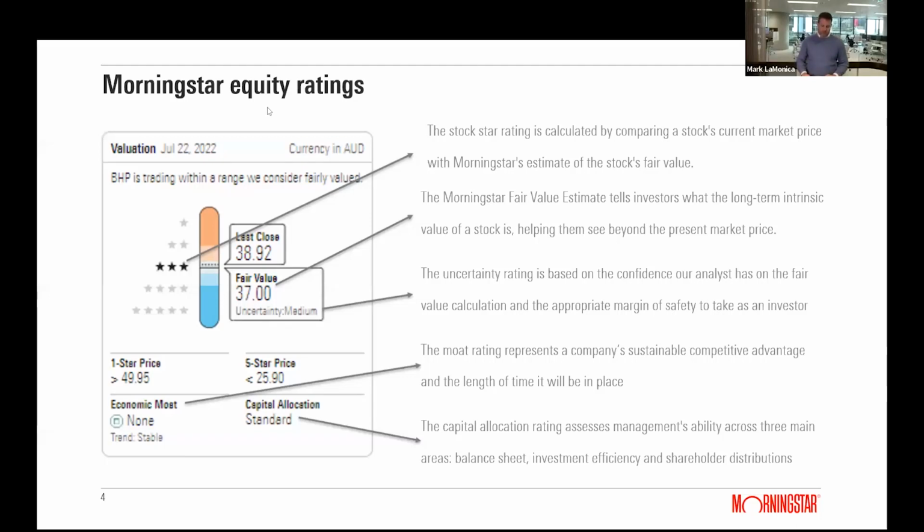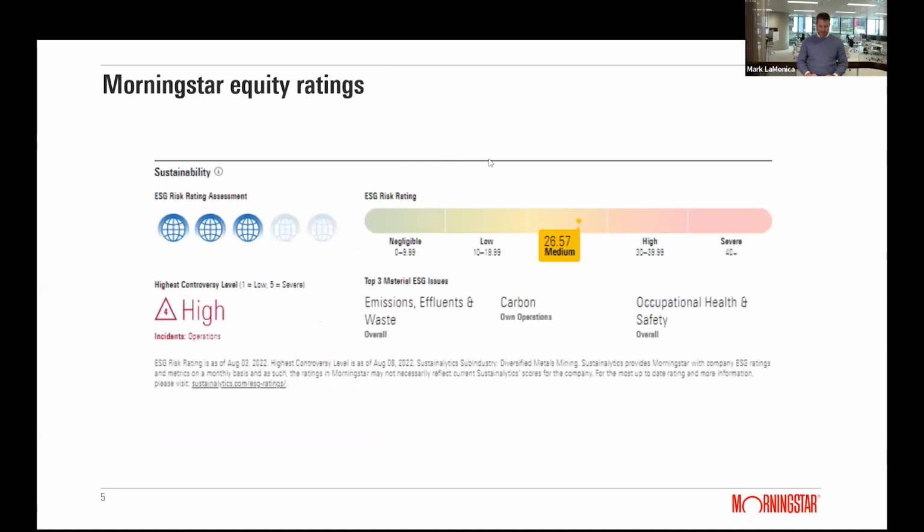So I'll quickly go through one other piece of our equity ratings, which is ESG. ESG stands for environmental, social, and governance factors. So basically, we are assessing a company against those factors. Environmental is pretty easy. Are they out there spewing carbon dioxide into the atmosphere? And obviously any other environmental impacts that you may have as a company.